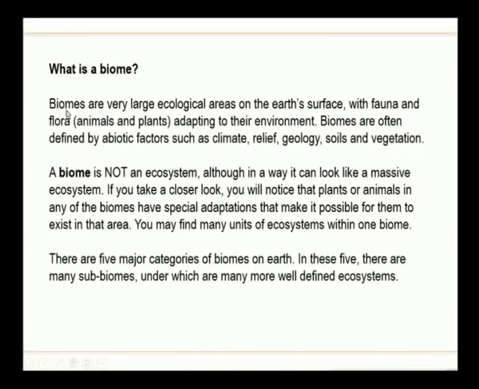For example, there are certain tropical animals which are available only in the tropical regions of this planet, and they cannot survive in different conditions because the temperature and the climatic condition is completely different, which is not what they are designed for. So that's how a biome is formed. There are 5 major categories of biomes on Earth. In these 5, there are many sub-biomes under which there are many more well-defined ecosystems.